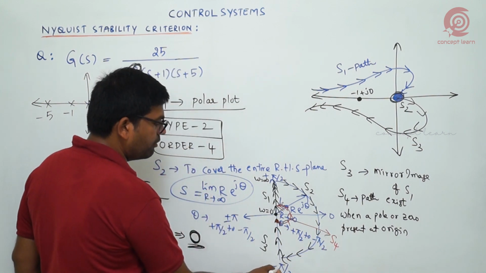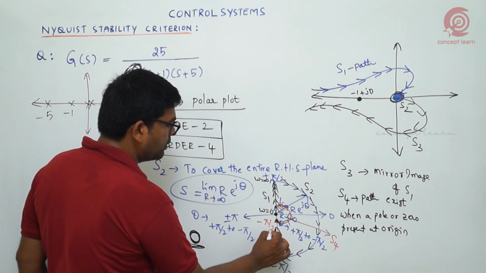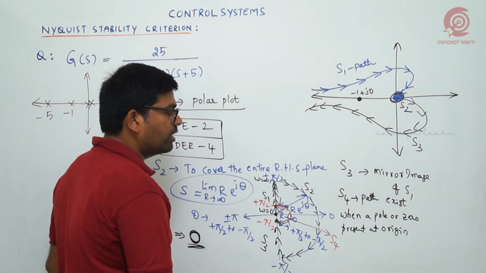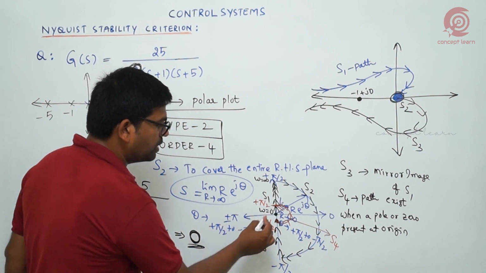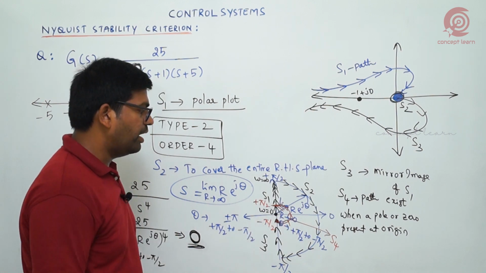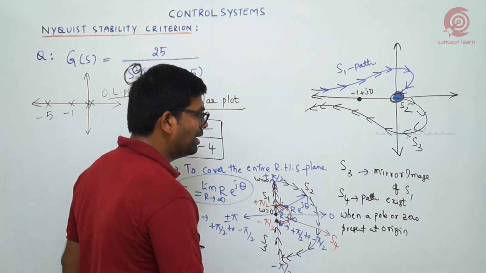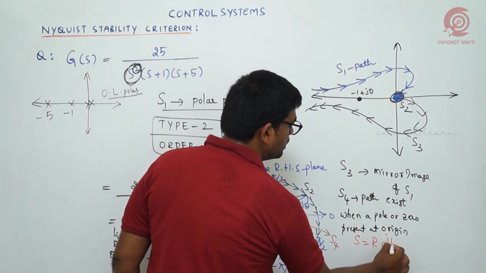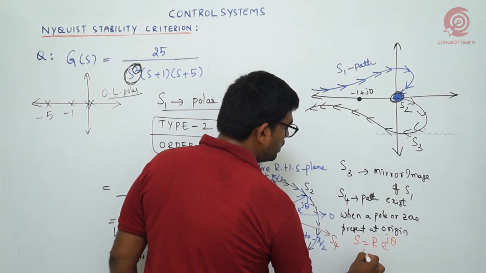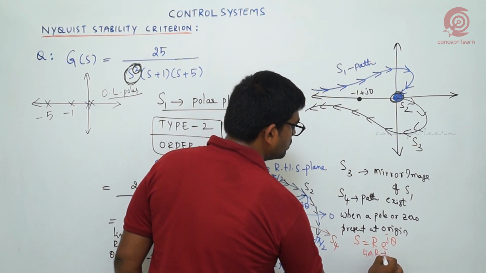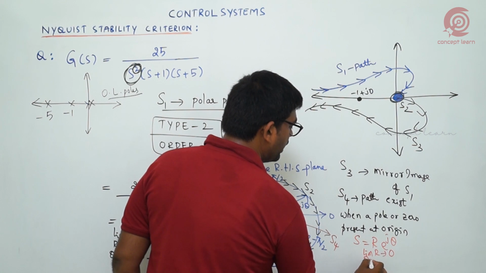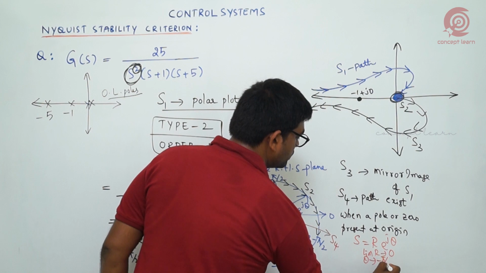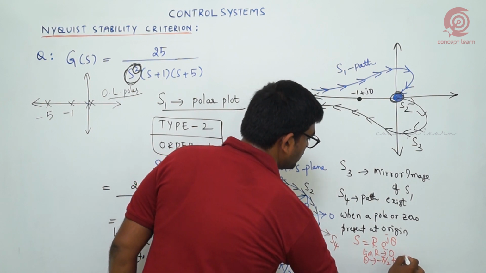After reaching here, what is the phase angle? Minus 90. Here, plus 90. But at the origin, what is the radius? The radius is 0 only. So wherever s is there, substitute r e^(jθ), but here the limit r tends to 0, and θ goes from minus 90 to plus 90.